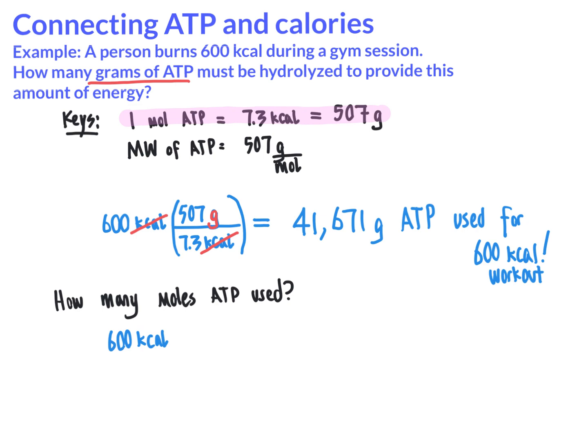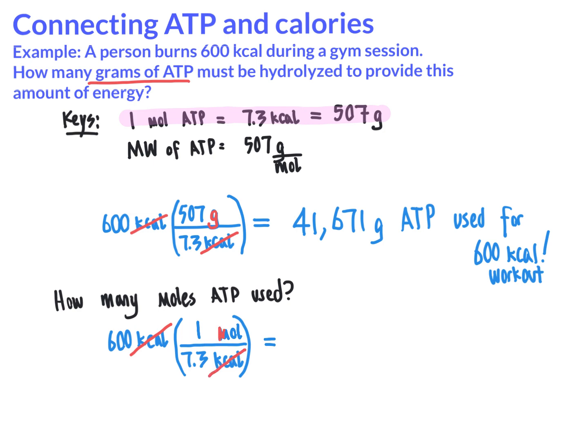We use the appropriate conversion factor here, keeping in mind that 600 kilocalories is in the numerator, so we need to put kilocalories of ATP in the denominator. Looking up here, we saw that 7.3 kilocalories is the same as 1 mole. So I'm going to put moles into the numerator, so 1 mole. And hence we have this set up once again so that our numerator here, kilocalories, cancels with the denominator here.